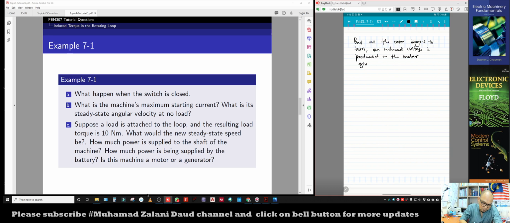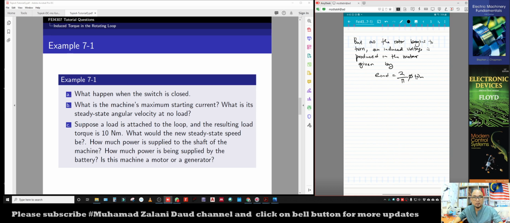That is given by the formula of induced voltage: E_in = (2/π)φω_m, where ω_m is the mechanical velocity.